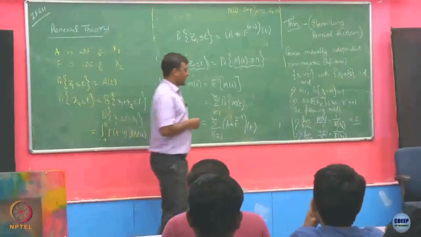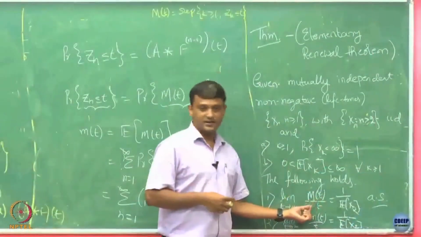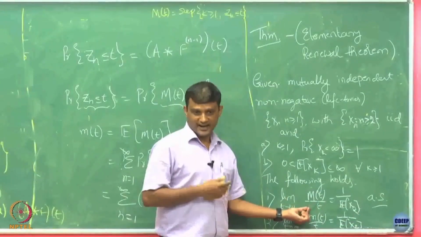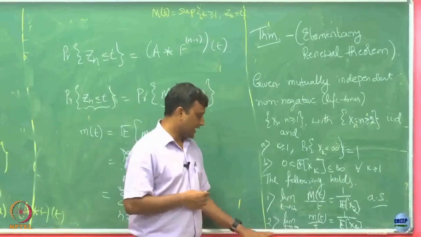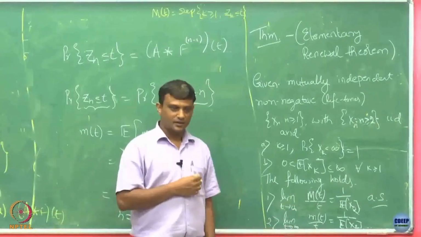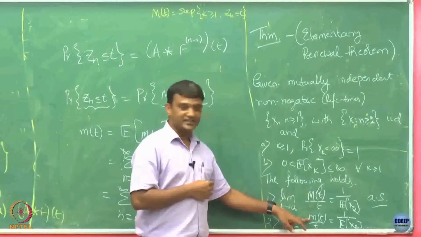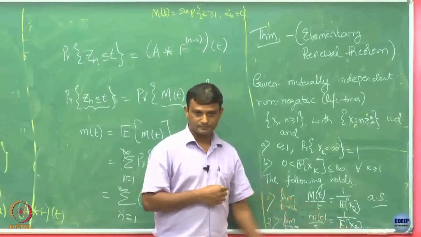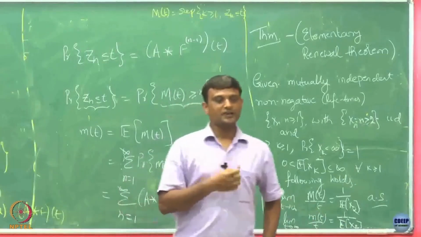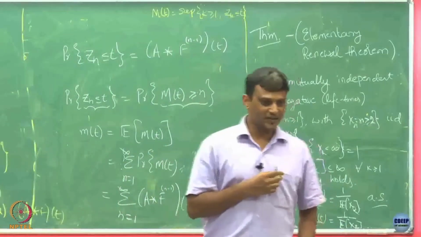And this is an almost sure result because these M of t are random quantities, right? So that is why this is random. And now the last part says that if instead of M of t you look at its expectation, that is again converging to the same limit. So what did our law of large numbers say?